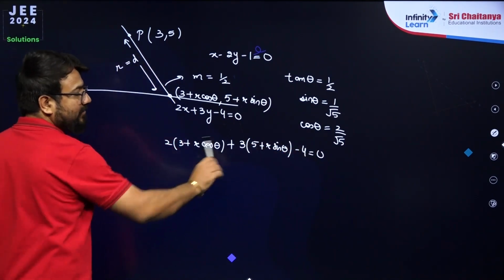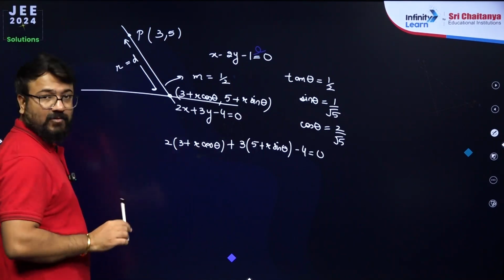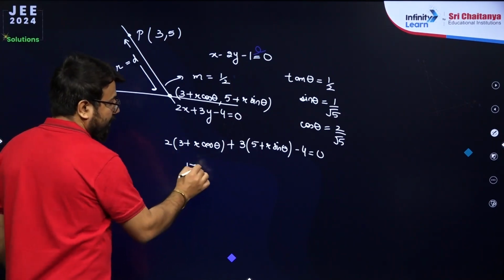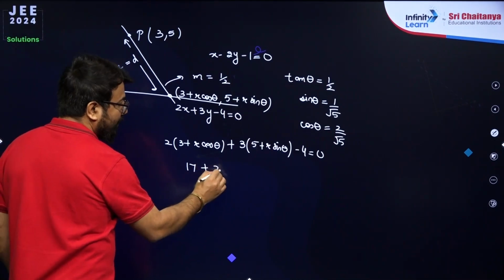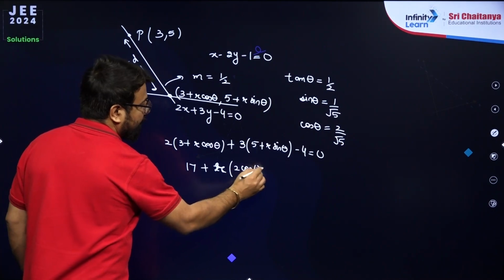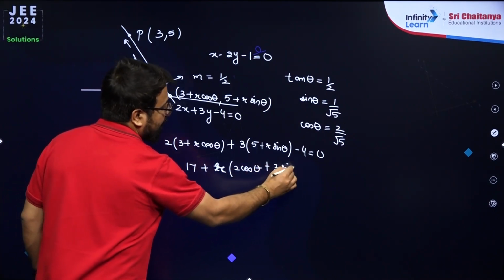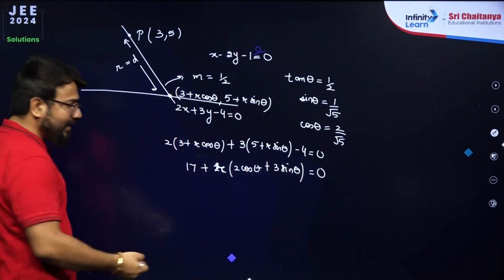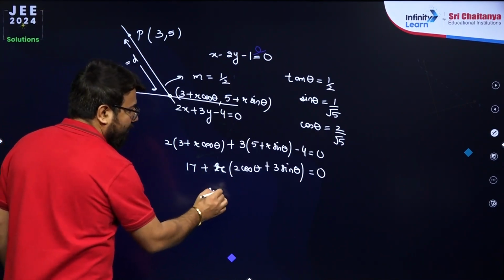So 6 plus 15, 21. 21 minus 4, that will become 17. And here r can be taken common, and it becomes 2 cos theta plus 3 sin theta, and that's equal to 0. So we can easily find the value of r from here.